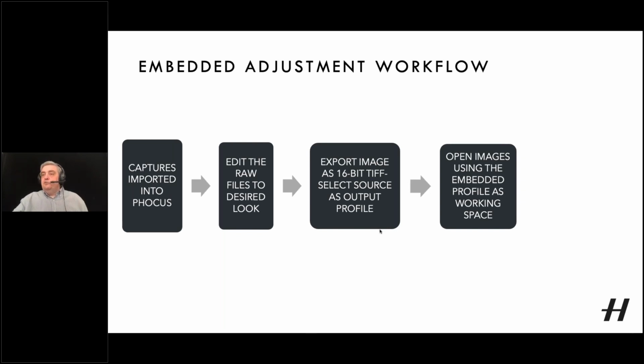It's different from your normal working space. Do you want to use your real one, or do you want to use the embedded one? So at this point, I would then use the embedded, and that would then change my working space to the Hasselblad RGB.